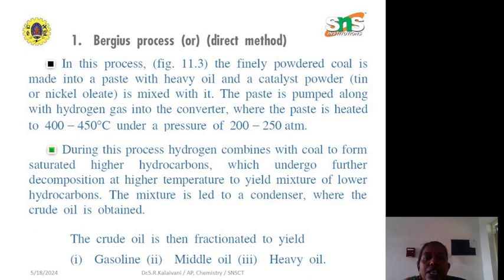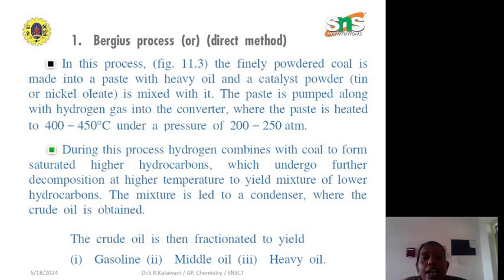In this process, finely powdered coal is made into a paste with heavy oil and a catalyst, that means catalytic powder, tin or nickel oleate, is mixed with it. The paste is pumped along with hydrogen gas into the converter, where the paste is heated to 400 to 450 degrees Celsius under a pressure of 200 to 250 atmospheres.